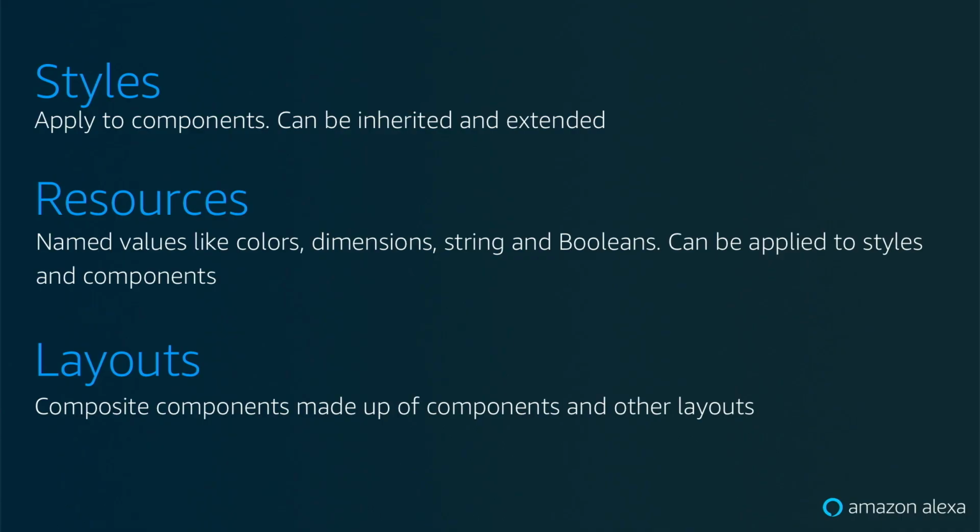Along with that, the styles can be extended. So if you want styles to build off one another, they can do that as well. And then styles can also be built against conditions. So if you only want a style to be applied according to a certain condition, you can do that as well. Next is resources. I've already mentioned this, but these are global variables within your APL document.